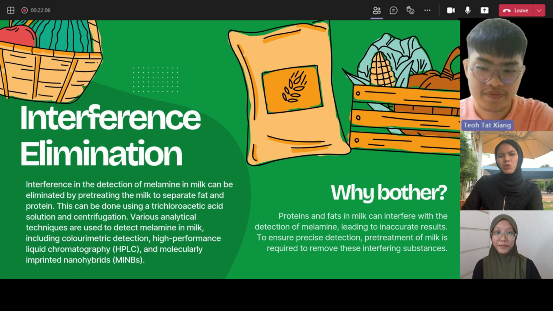So why do we even bother with all of this? Well, if they are not well removed, the protein and fat can actually interfere with the test and lead to inaccurate results. So when it comes to food safety, we cannot afford to take chances. That's why proper sample preparation is crucial in making sure melamine detection is reliable.